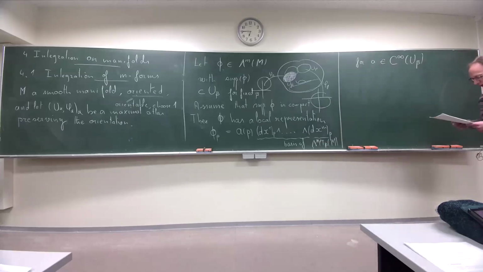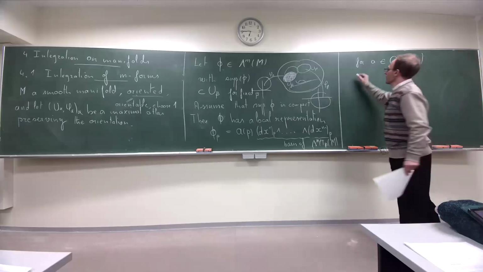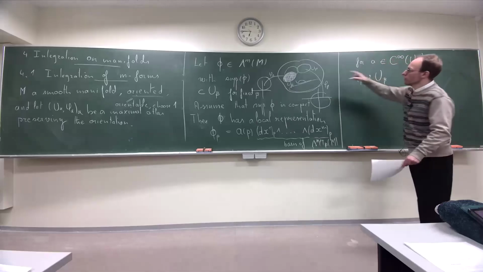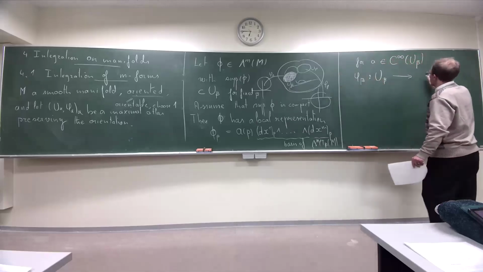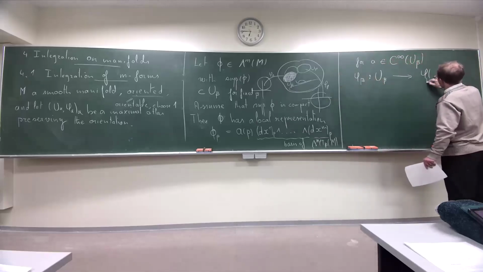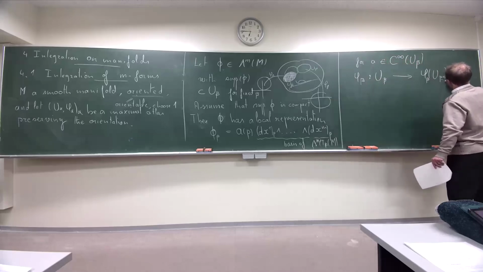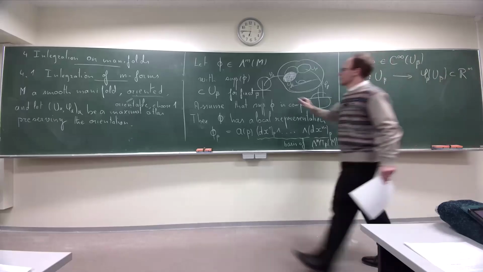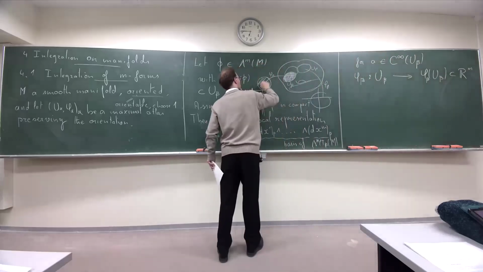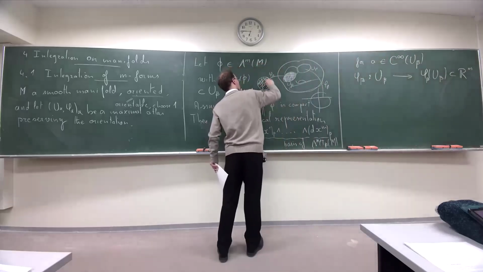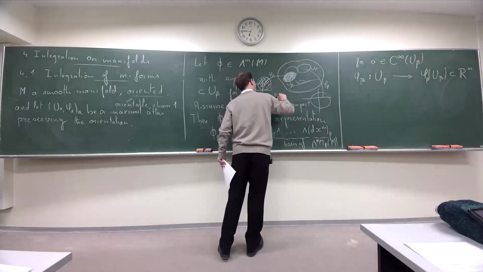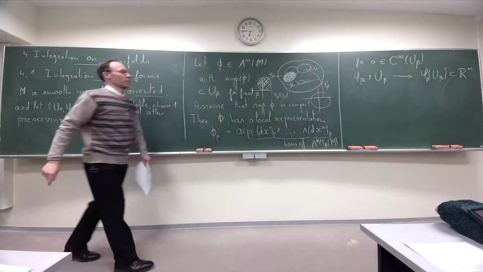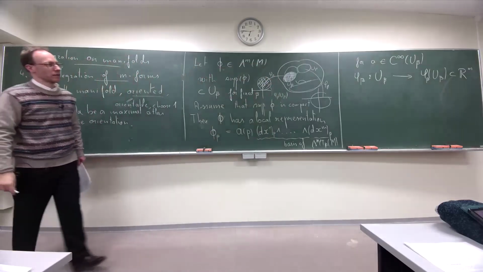Okay. Now, remember this phi beta goes from U beta to a certain image phi beta of U beta, which is a subset of Rm. This set here is the image of U beta, and it's a bijection between these two sets.